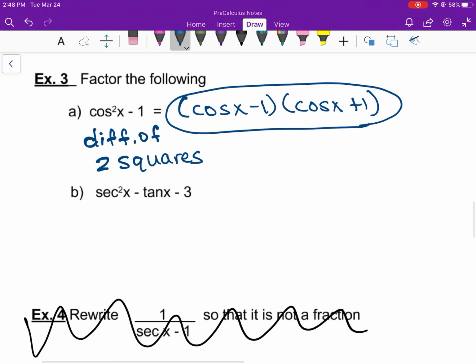Now on B, you're probably looking at that again saying, well, can't factor that. They don't have anything in common. Well, what you can do is take out secant squared, and that's 1 plus tangent squared. So that's a substitution. And then here's the rest of the problem. Now I'm just going to rewrite it.